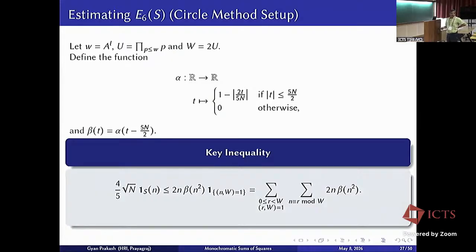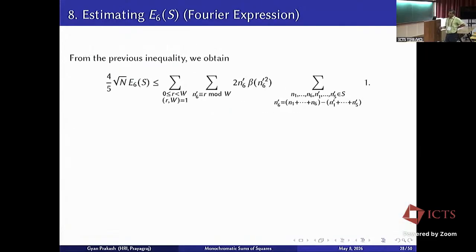Okay. So as I was mentioning earlier, one of the variables we will fix to vary over all the integer squares and not just the dense subset of squares comes via this inequality. But then how does this relate to E6S?